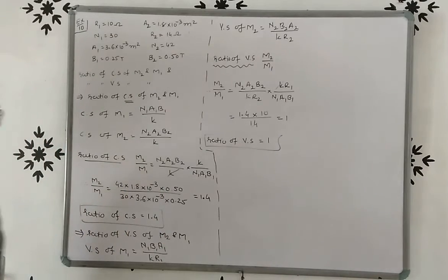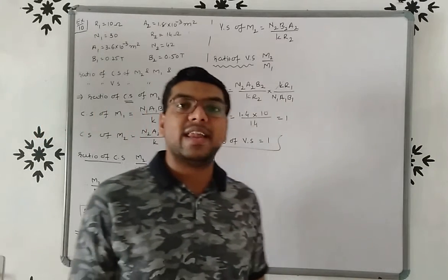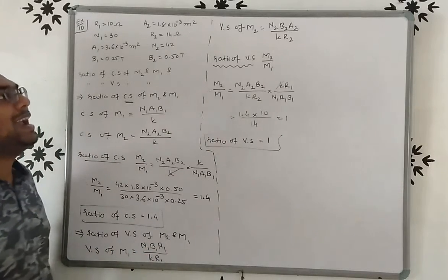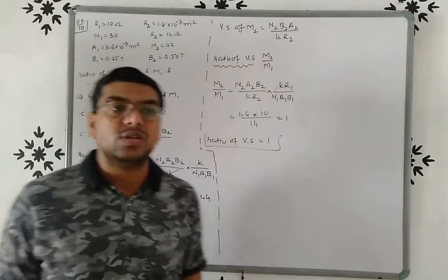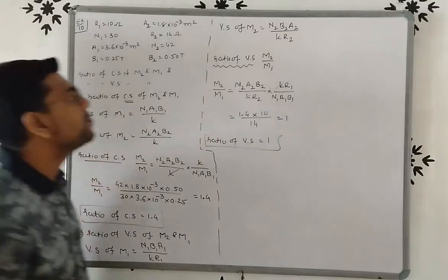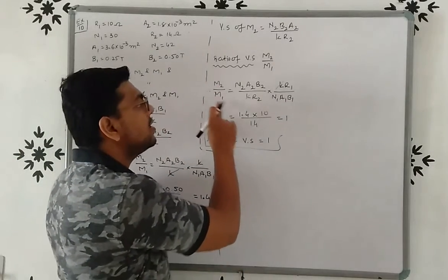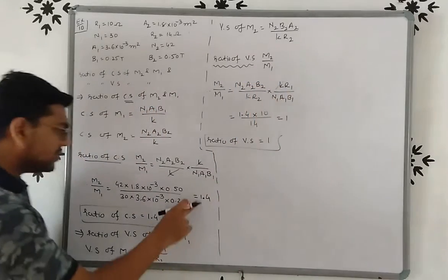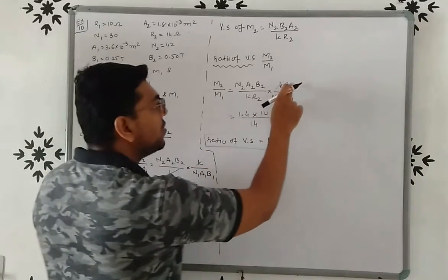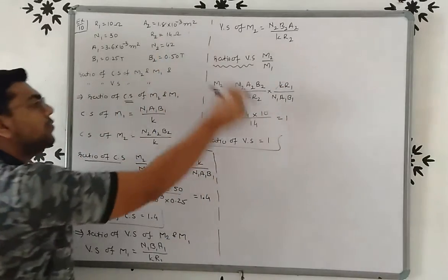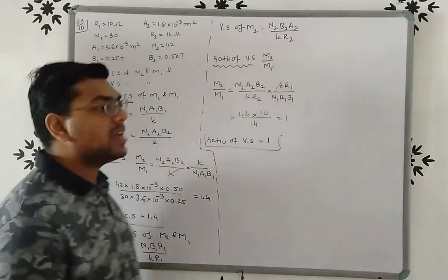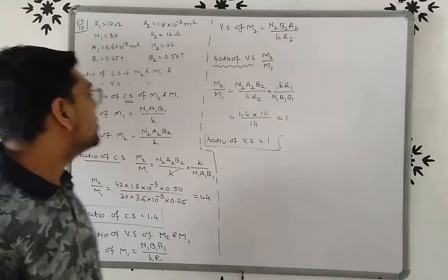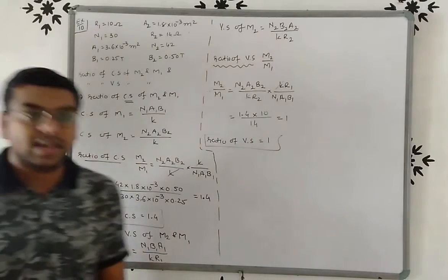For voltage sensitivity, NAB by KR, with R1 10 and R2 14, the ratio of M2 and M1 is 1. So this is example number 10.